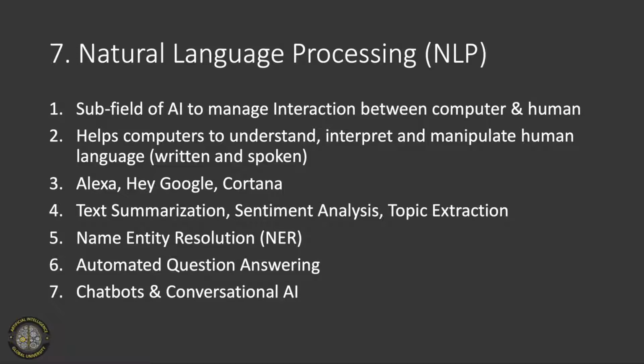Some examples are Alexa, Hey Google, and Cortana from Microsoft. Alexa is from Amazon, and Hey Google is from Google. These are conversational interfaces where you talk with these devices and ask them specific questions, not very general, but they are designed in a way that they can answer a variety of questions, so they can understand the conversation part of it. They can understand what you are asking.